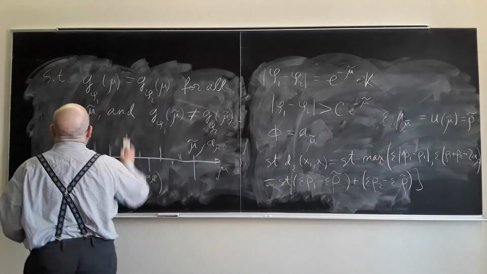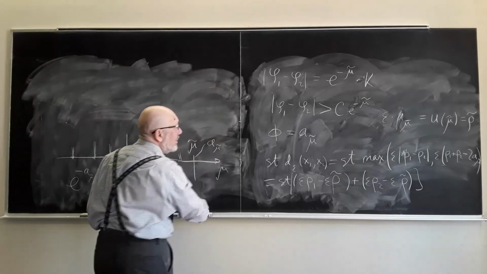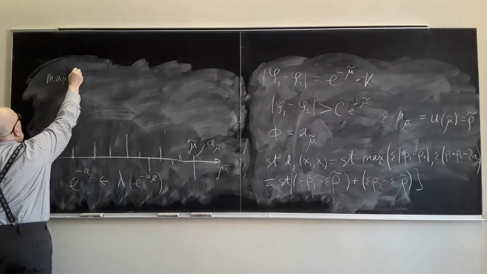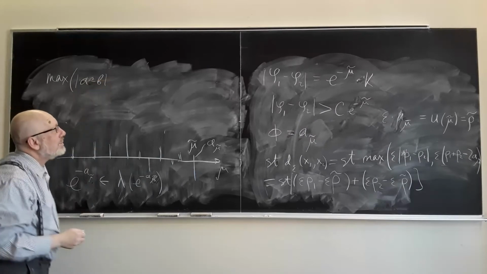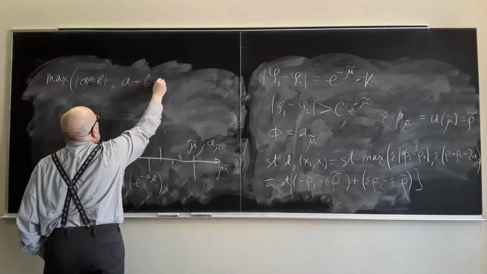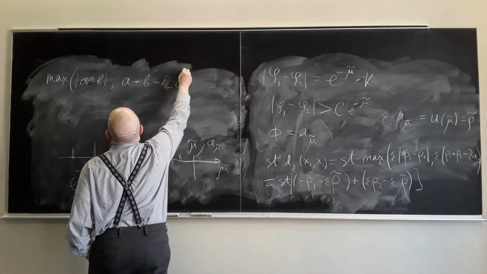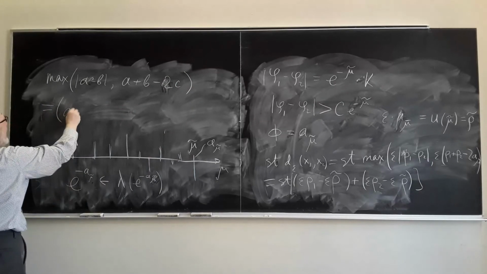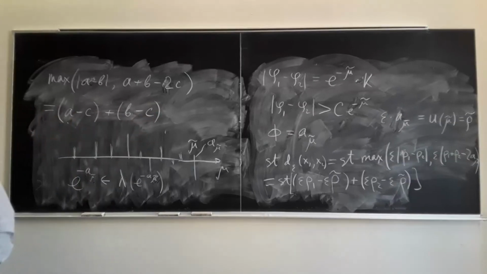This is an elementary equality. So, the maximum of the modulus of A minus B and A plus B minus 2C, the maximum of this equals A minus C plus B minus C. Great.